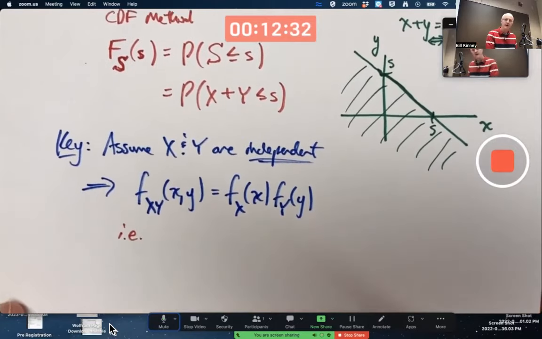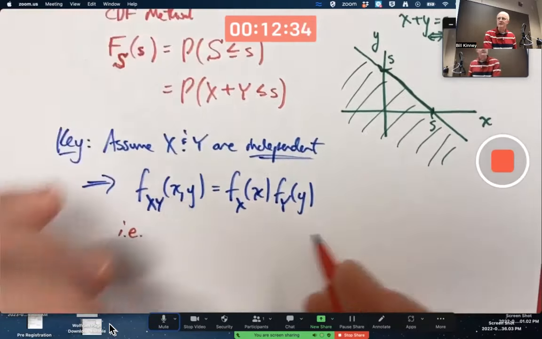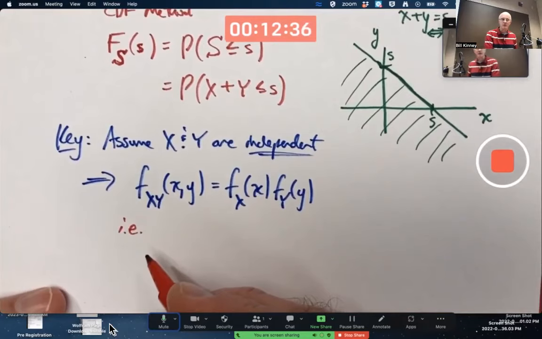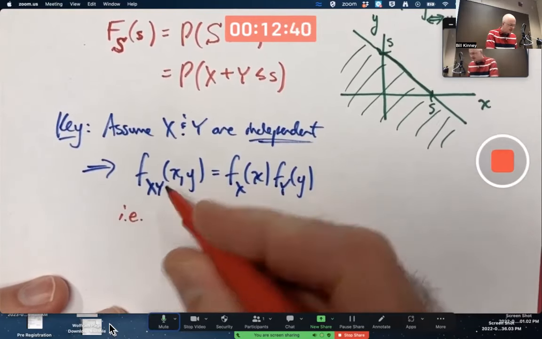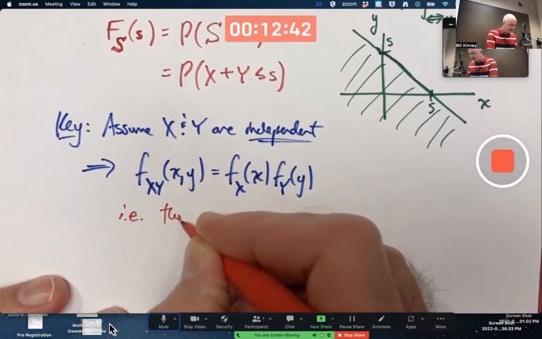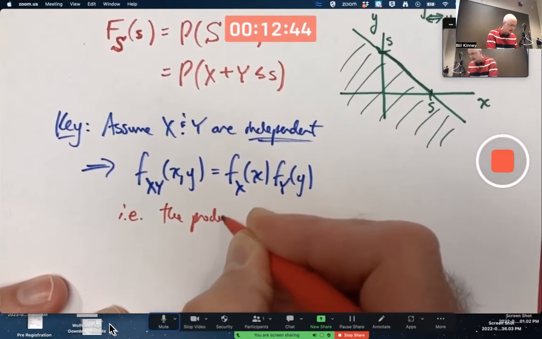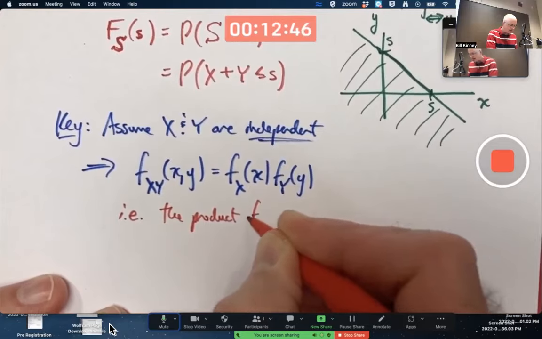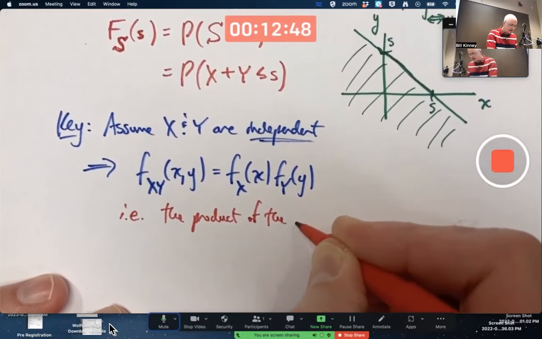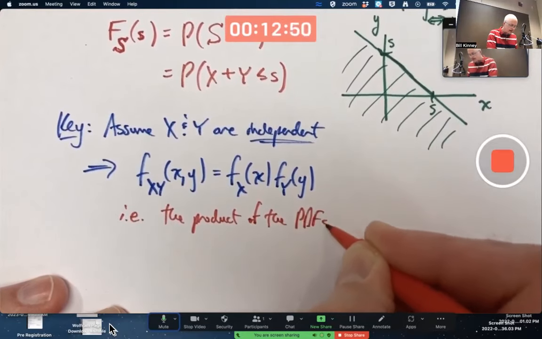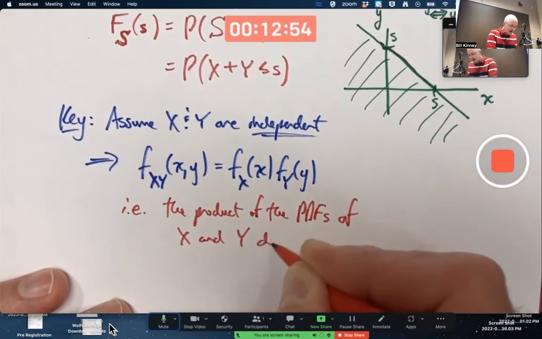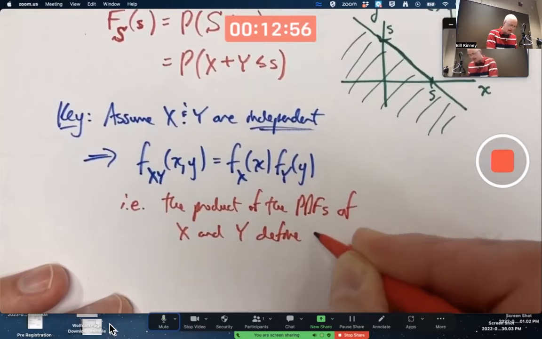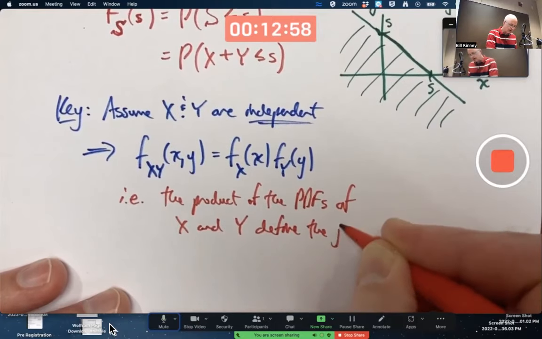I.e., and i.e. is a Latin abbreviation for id est, in other words: the product of the PDFs of x and y defines the joint PDF.